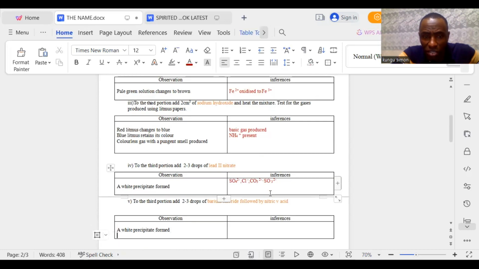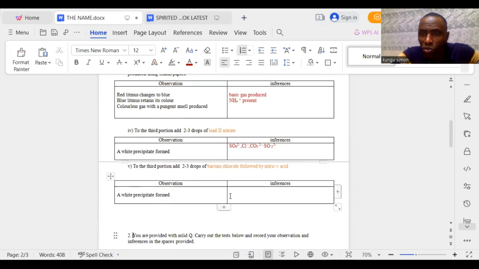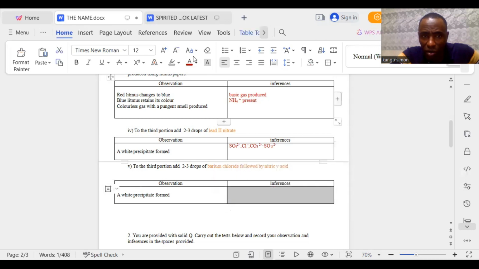Therefore, basically, you can always confirm sulfate when you use barium chloride or nitrate, followed by an acid, because when you add an acid, any sulfite or carbonate is expected to dissolve. If it doesn't dissolve, then sulfate ions are confirmed.